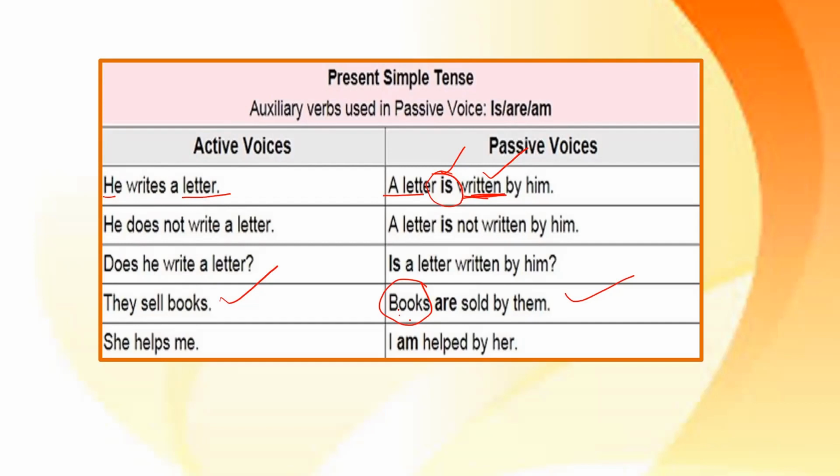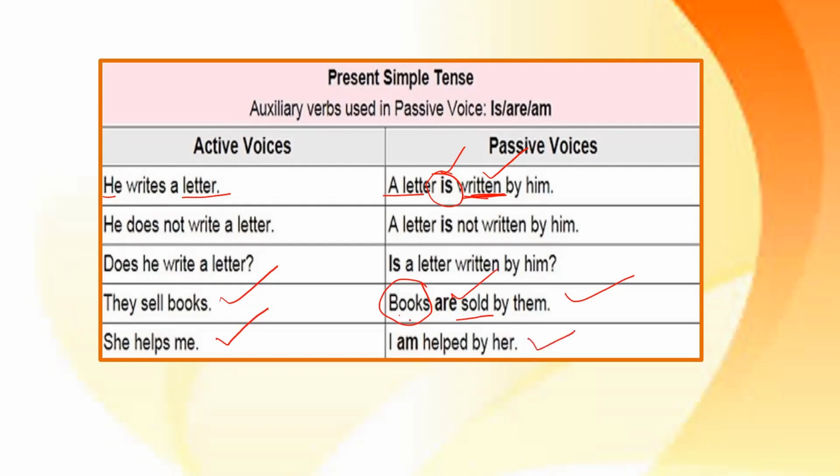And the helping verb is are, because the books is in plural. And the main verb is in past participle form. For sell, the past participle form of verb is sold. See another example. She helps me. And in passive voice, I am helped by her.